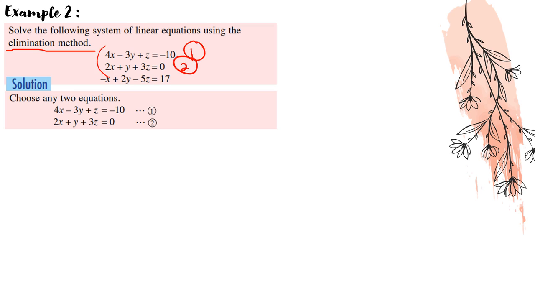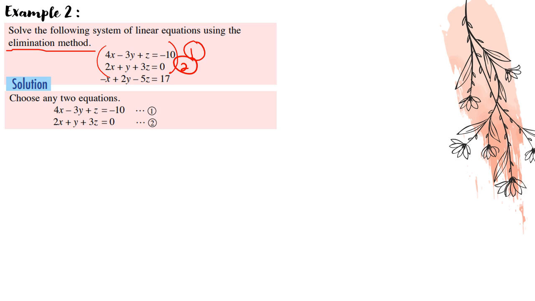I only use these two equations first. Remember, if you want to do the elimination method, it means that you have to eliminate one of the variables. So here, if you check both of these two equations, none of the variables have the same coefficient.